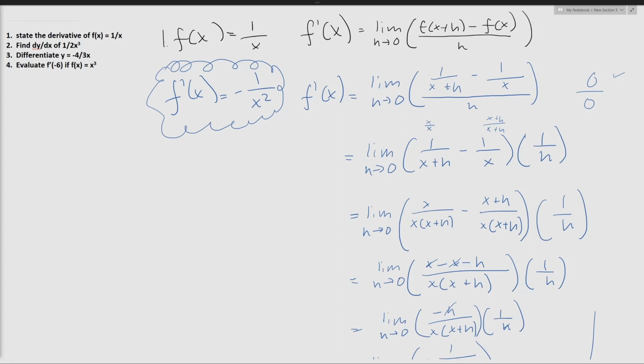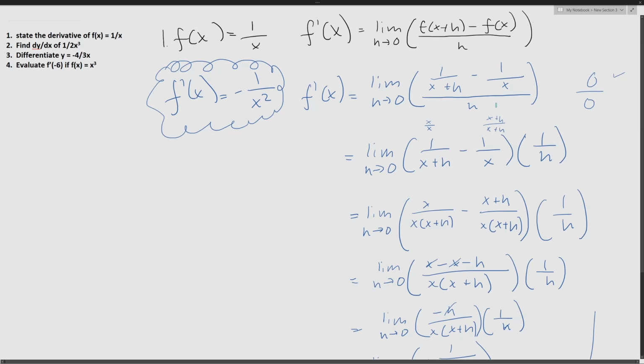So as a quick summary, all that we did was we rearranged the divided by h as this over here. So we just multiplied it. Then we tried to group these two together by finding their lowest common multiple, which of course had to be x times x plus h, and so we multiplied everything by what they were missing.